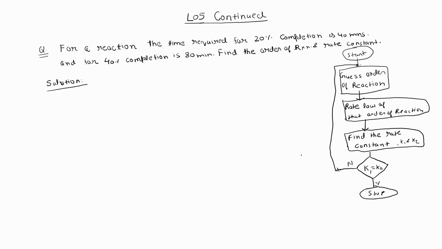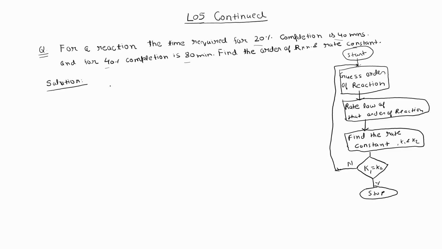So for this question, we can see from the question also, for 20% completion is 40 minutes and 40% completion is 80 minutes. From the unitary method, we know that it is a zero order reaction, but for board exam people, I will show how to solve it.